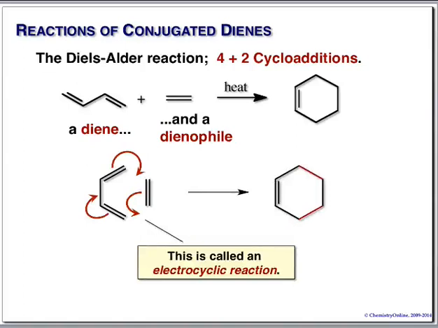The bonds that we've made here are shown in red. This is the bond on the top, the bond on the bottom. 4+2 cycloaddition. 4 carbons, 2 carbons. Concerted reaction, no intermediate. All of these electrons fly around at once. Any questions?